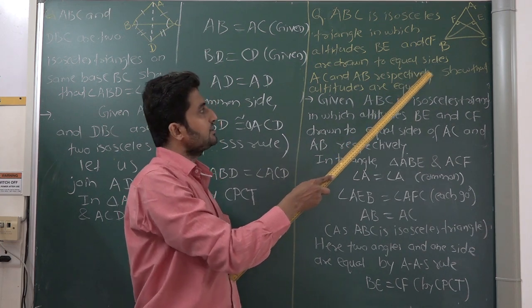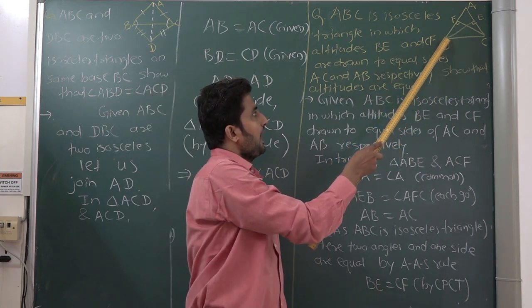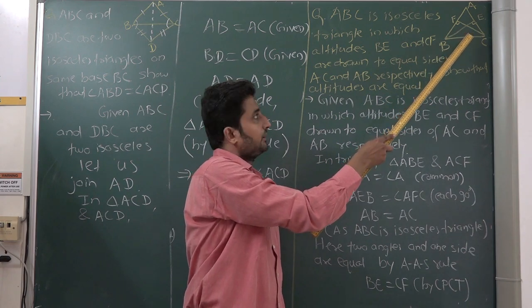Means here we are asked to show that CF and BE are equal.